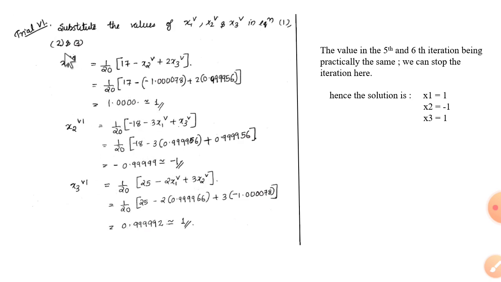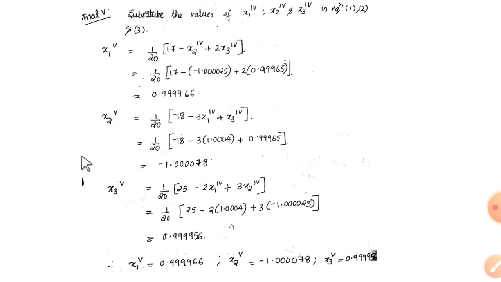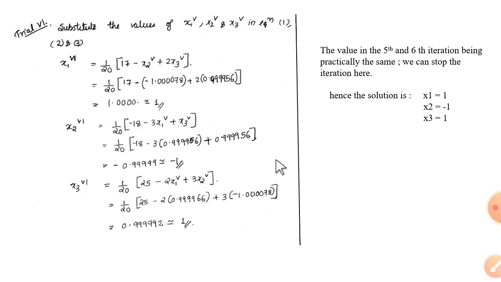Now compare the values of x1 raised to 6, x2 raised to 6 and x3 raised to 6 with x1 raised to 5, x2 raised to 5 and x3 raised to 5. While comparing these two, we can see that the values in the 5th and 6th iterations are practically the same.